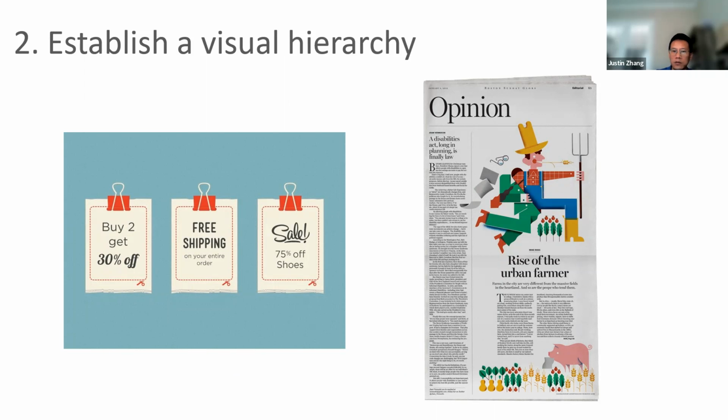It's better to use different font sizes and font types to clearly indicate the most important message and some of the detailed information, to give the audience a quick way to grab the most important information.